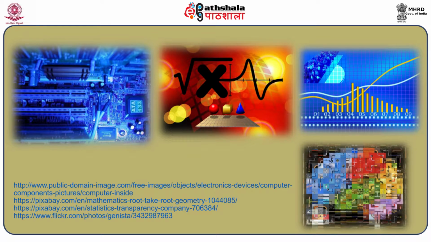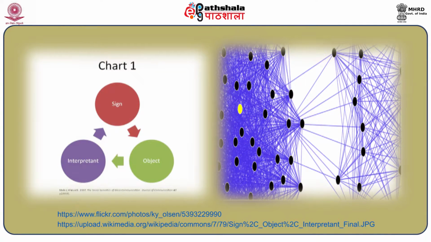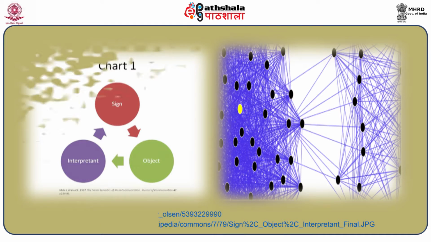In this game, not only the linguists, but people coming from computer science, statistics, mathematics, neuroscience, cognitive science, psychology, semiotics, discourse, pragmatics, and many other disciplines are combining together, working as a group to handle language in that way.